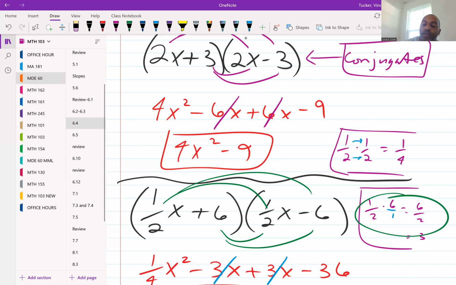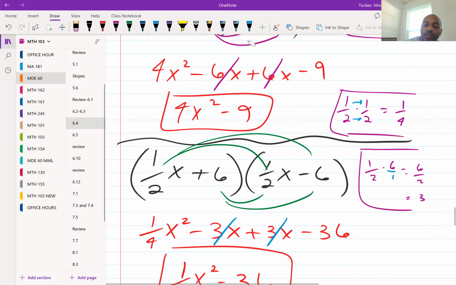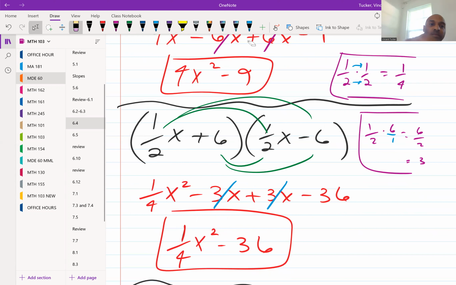But if you had to do the math, we'd operate the same way, multiply across, 1 times 6 on top, 2 times 1 on bottom. And then 6 divided by 2 ultimately gives you 3. So that's what happens in the middle. So we have 1/4 x squared minus 3x plus 3x.